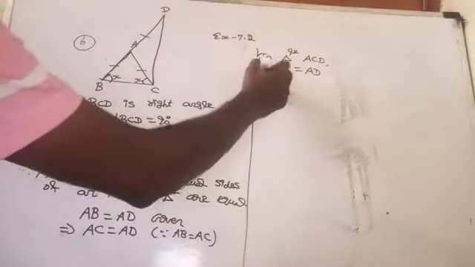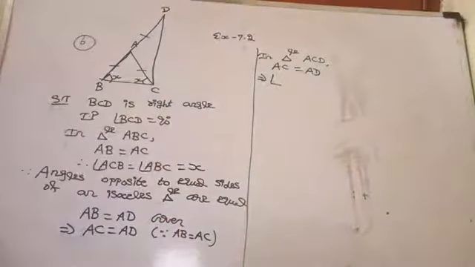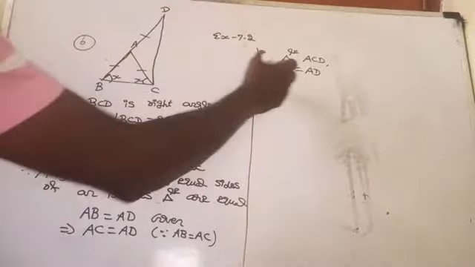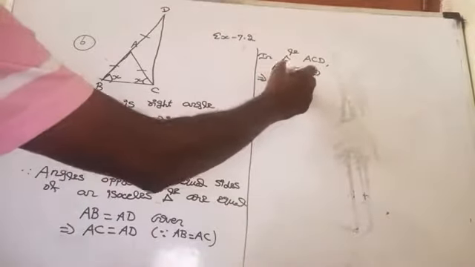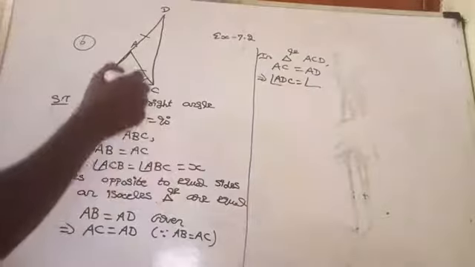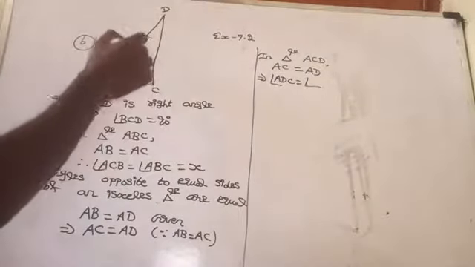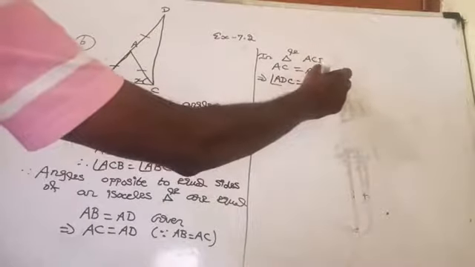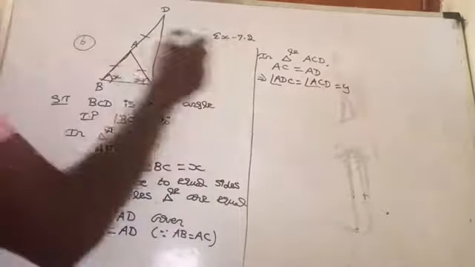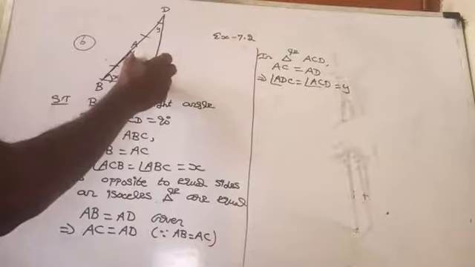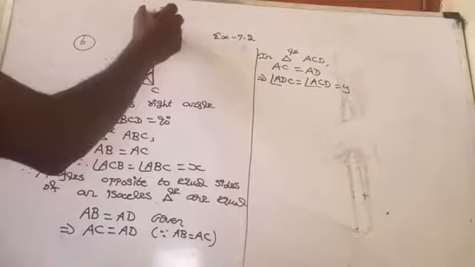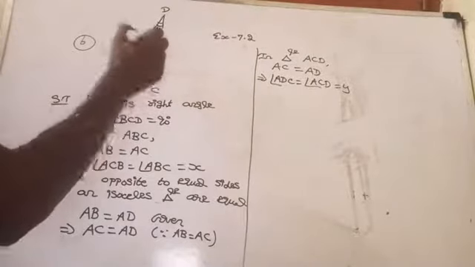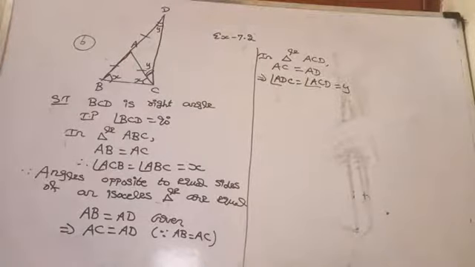Therefore, angle ADC, opposite side AC, equals angle ACD, opposite side AD. I am taking it as y. So this one is y, this one is also y.